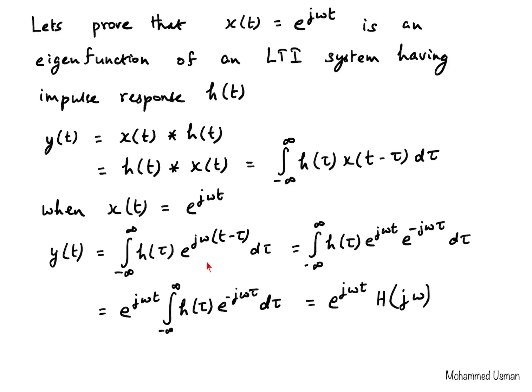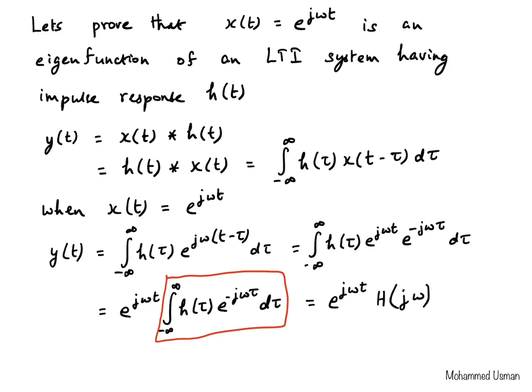as our scaling factor. So basically what we see is, when the input x of t is e power j omega t, the output y of t is e power j omega t multiplied by this integral term. This integral term denotes the scaling factor, which we call h of j omega for continuous time systems.